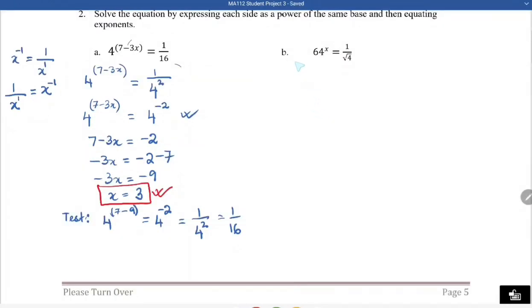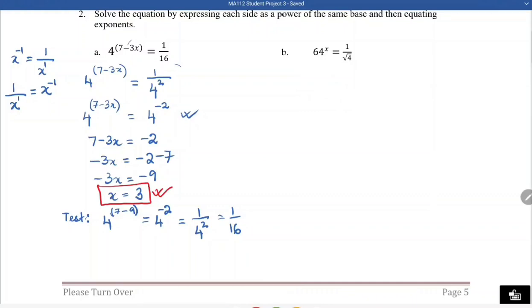So part B is 64 raised to the power x equals 1 divided by the square root of 4. Now this problem can be solved in 2 ways, and perhaps I'll show both ways to you, but let's see. The first goal is to get both sides in exponent form and then rewrite the exponents with a common base if possible, and then we can just equate the two exponents and solve for x.